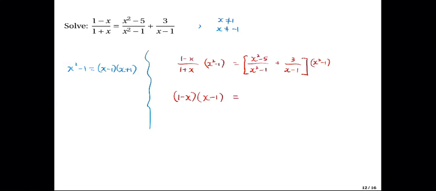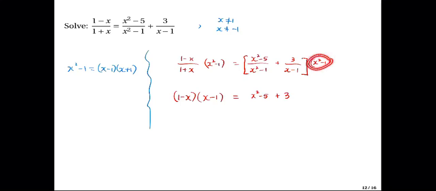On the right-hand side, this guy, we just distribute it over this sum. Okay? So again, we just distribute it over the sum. If we distribute this on this part, x minus 1 will be cancelled. So what will remain for that expression is x squared minus 5. And then we have the plus 3.